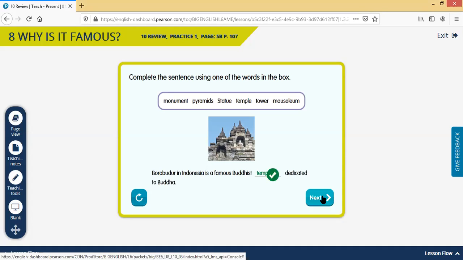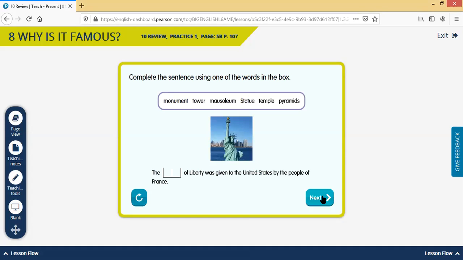Let's look at the next famous monument. We have that big monument in New York. The sentence reads, the blank of Liberty was given to the United States by the people of France. So what is that? Is that a temple?